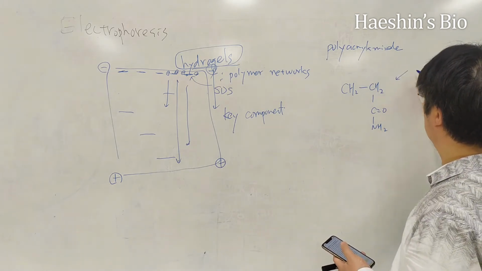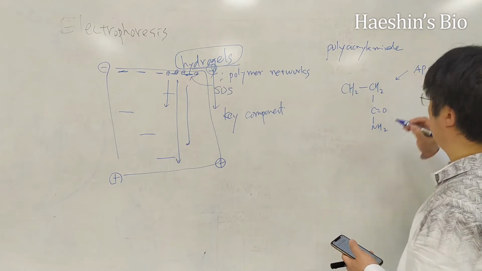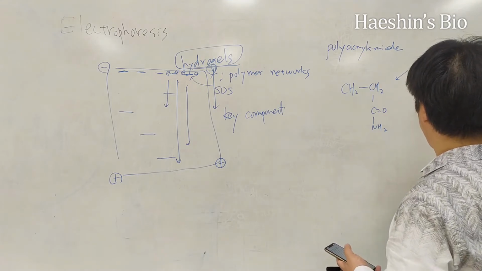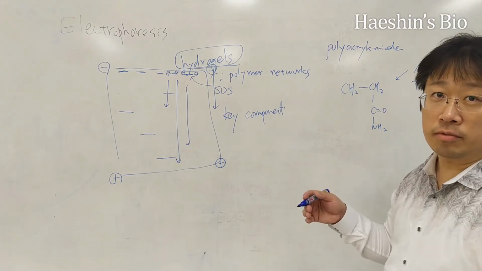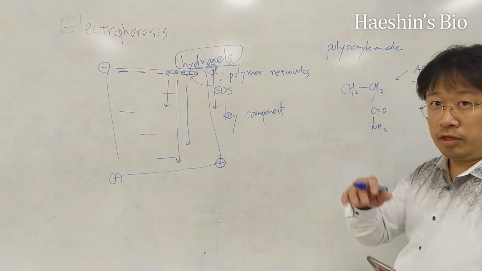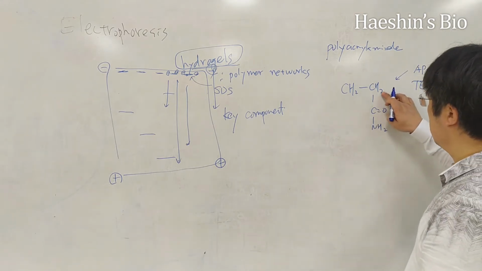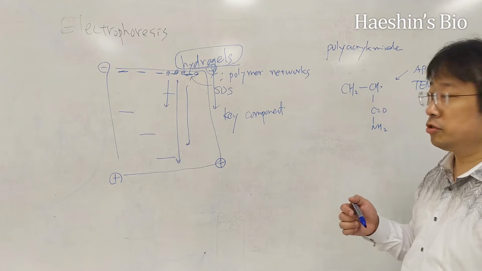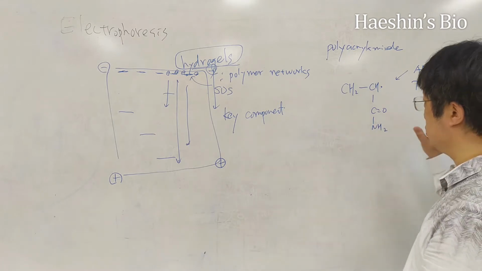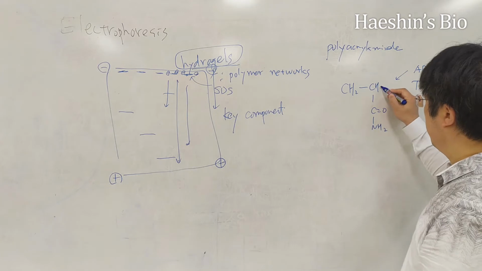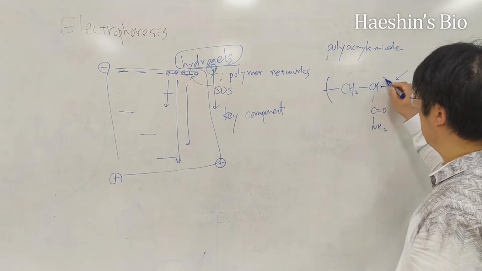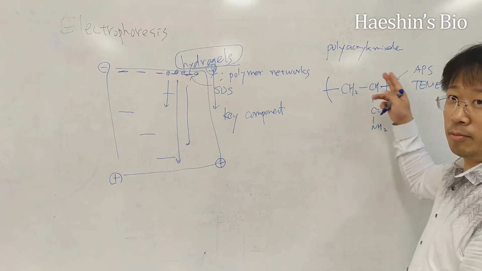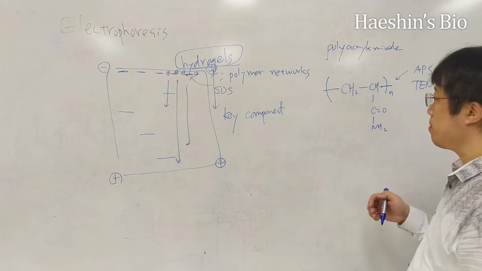We add APS, ammonium persulfate, and TEMED, which is an initiator for this system. As you learned in a previous biochemistry class, this makes radical species of these structures, and then they polymerize, propagating the polymerization. Monomers come in, and we get repeating units of the acrylamide monomer polymerized.